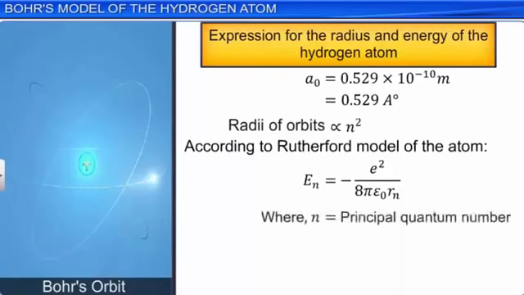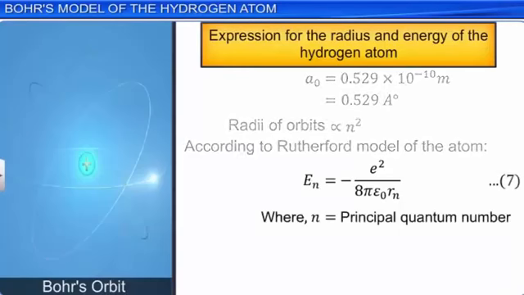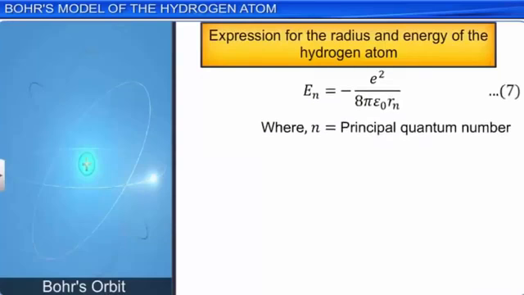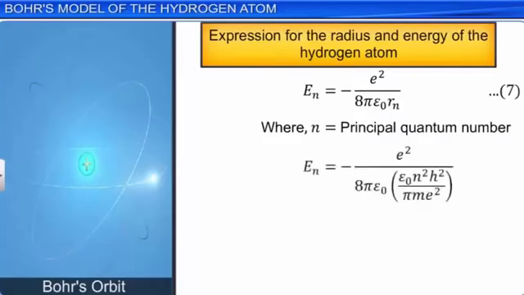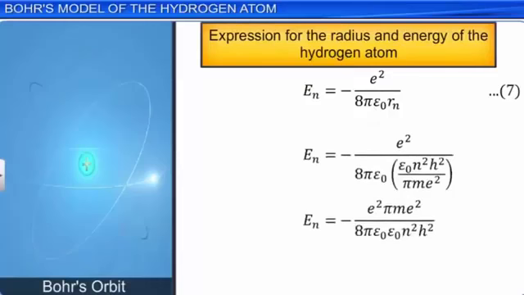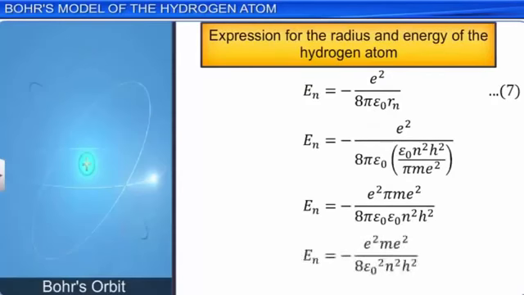Substituting the value of R_n and simplifying, we get E_n is equal to minus m e⁴ by 8 n² h² ε₀².